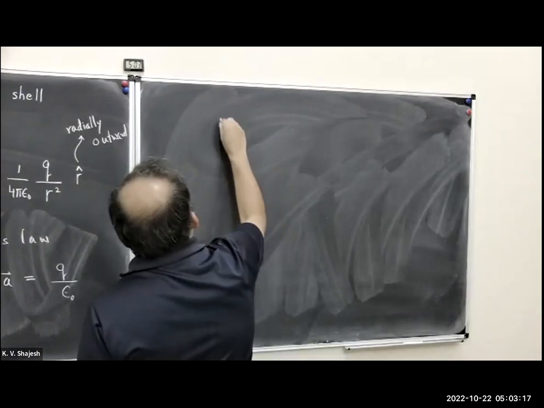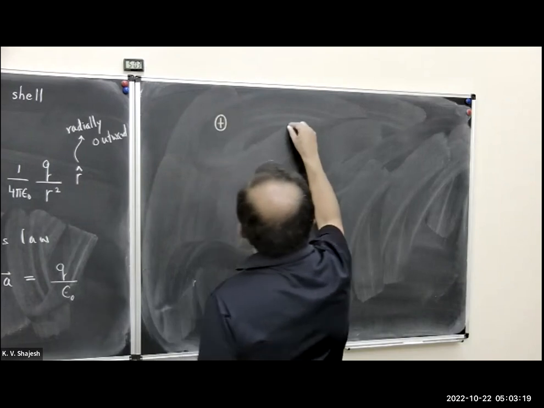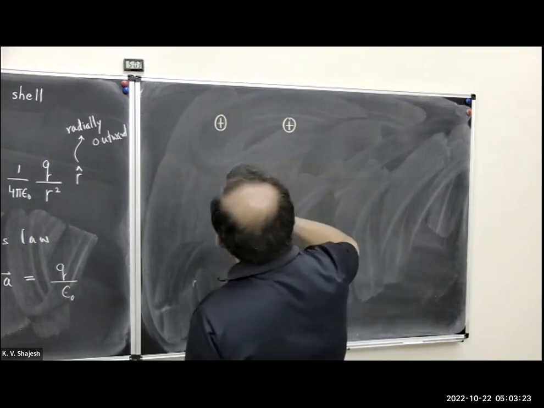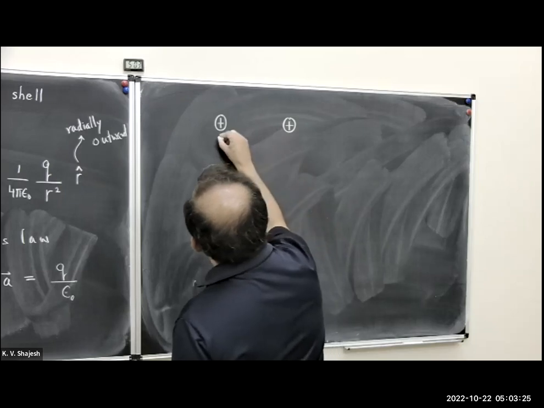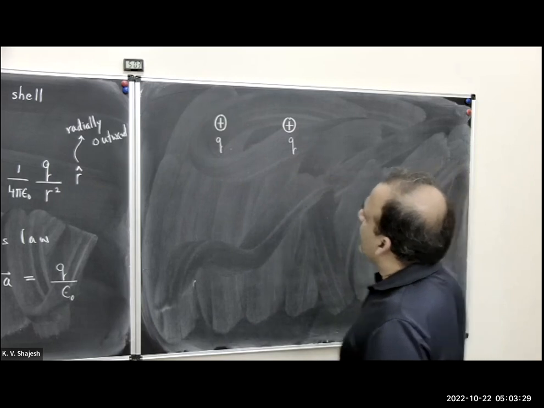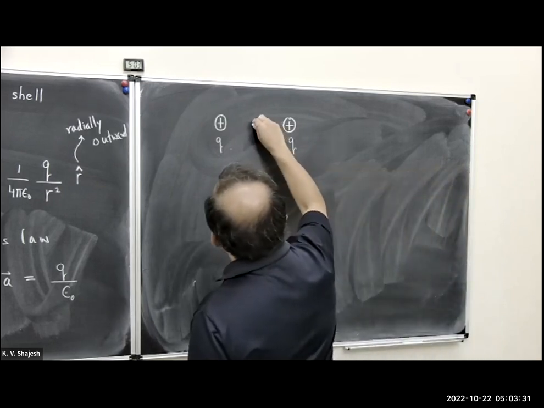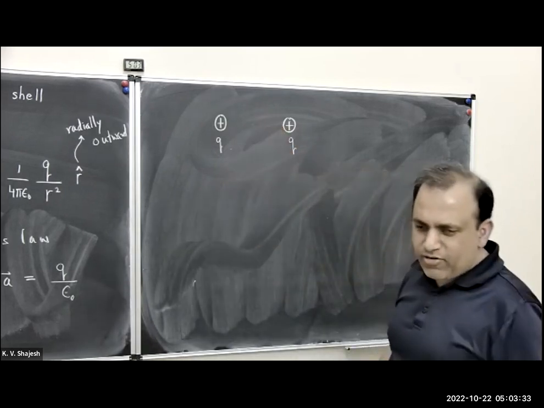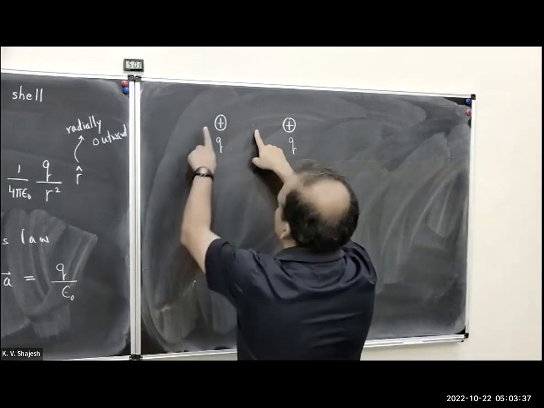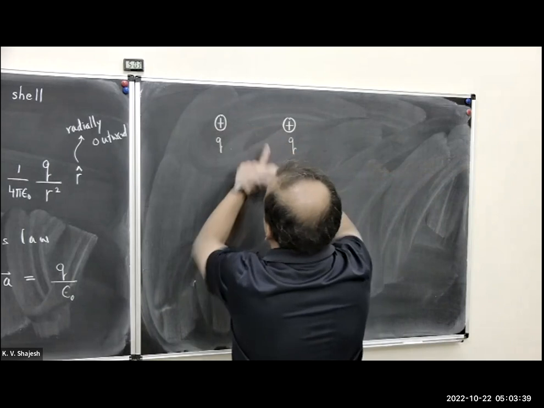You have a positive charge here, a positive charge here, and they're equal charges. Let's have that simplicity, so both are equal. It is clear that right at the center, the electric field should be equal to 0, whatever the effect from that side, they should cancel this way.